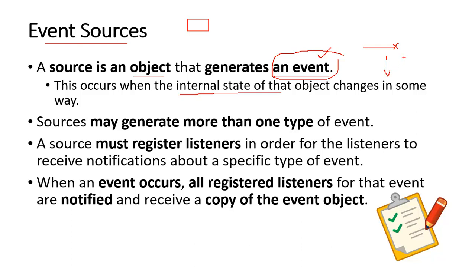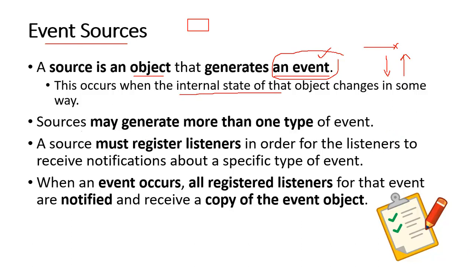And when I release that button, there can also be an event saying that button released. So two events can occur. It depends on the source, but a source can generate more than one event.